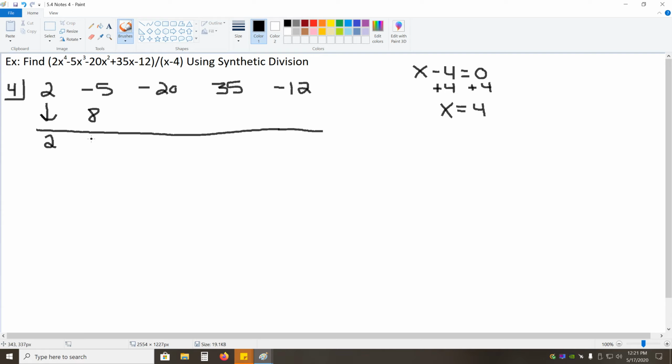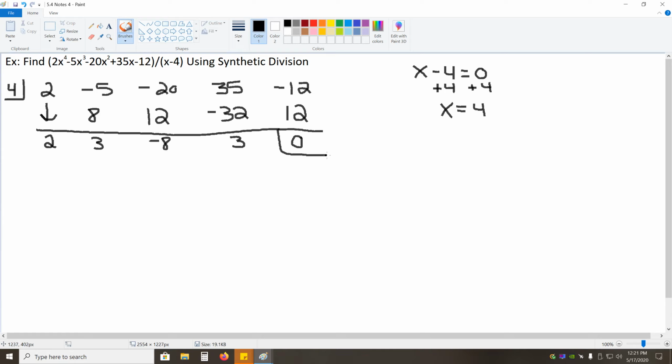Negative 5 plus 8 gives us 3. 4 times 3 gives us 12. Negative 20 plus 12 gives us negative 8. Negative 8 times 4 gives us negative 32. Plus 35 gives us 3. 4 times 3 gives us 12. And negative 12 plus 12 gives us 0.